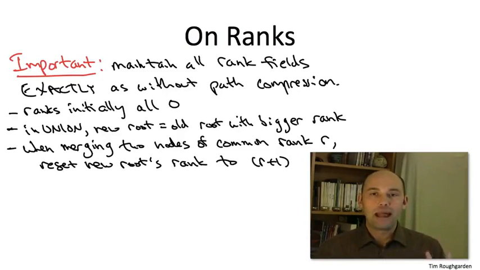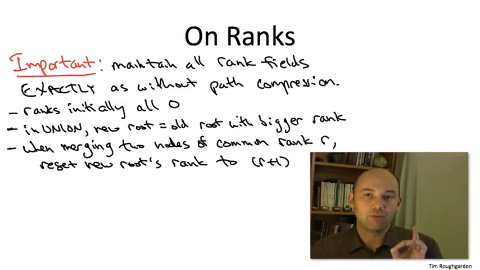So again, ranks only change in one specific case in a very specific way. Namely, during a union, when we merge two trees that have exactly the same rank, whichever of the old roots winds up being the new root, we bump up its rank by 1. That is the only modification we ever make to any ranks.